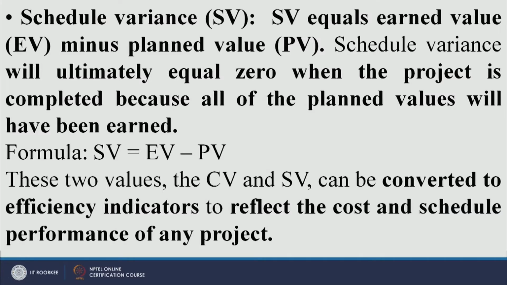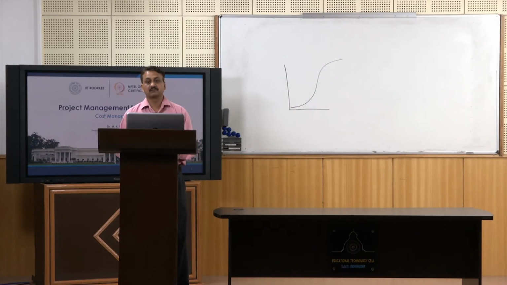So you will come to know whether your cost is underrun or overrun, and whether you are ahead of time or there is a delay in the project, right. You have two types of indicators: cost performance index and schedule performance index. So CPI and SPI are two indexes, right.